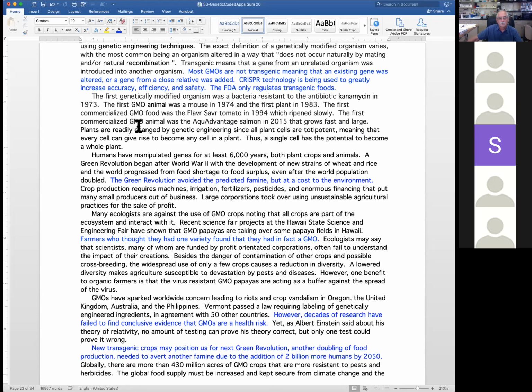Then the first commercial GMO animal happened just recently. That's the AquAdvantage salmon. It grows fast and gets large because they put extra copies of the gene that codes for growth factor into the salmon.